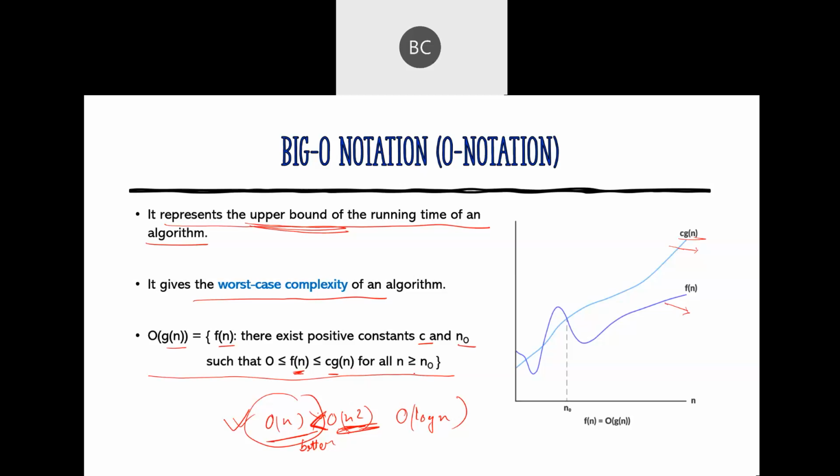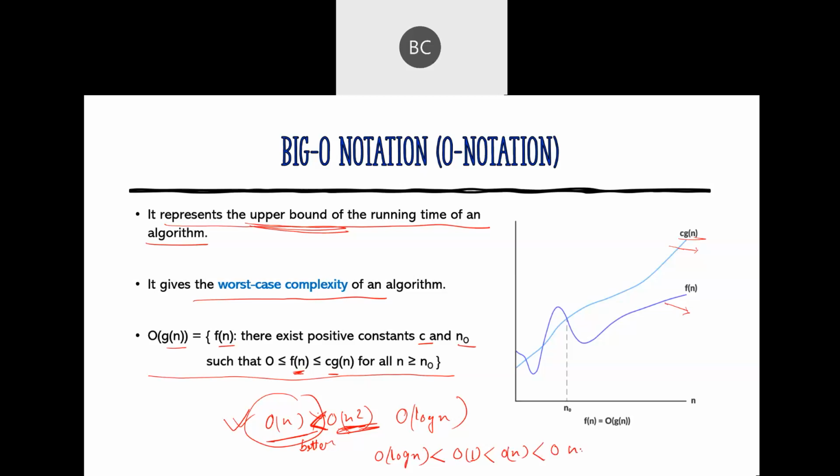There are again certain orderings: O(log n) time is better than, means takes less time than, O(n). Some algorithms take just a single amount of time, O(1). So from better, O(1), then O(log n), then O(n).